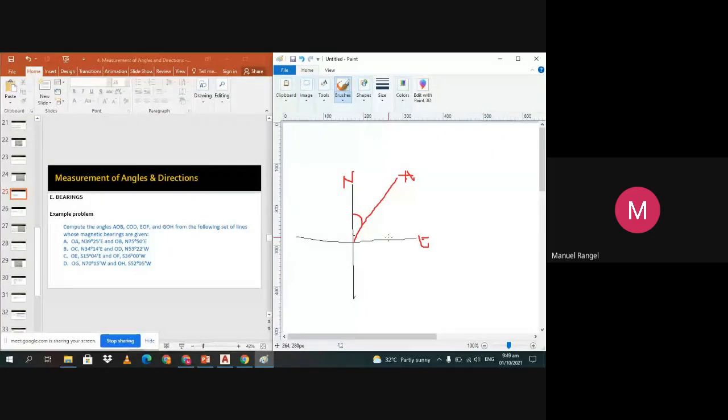Then another line OB, so this is point O. This is point B. So the angle is 75 degrees 50 minutes east.